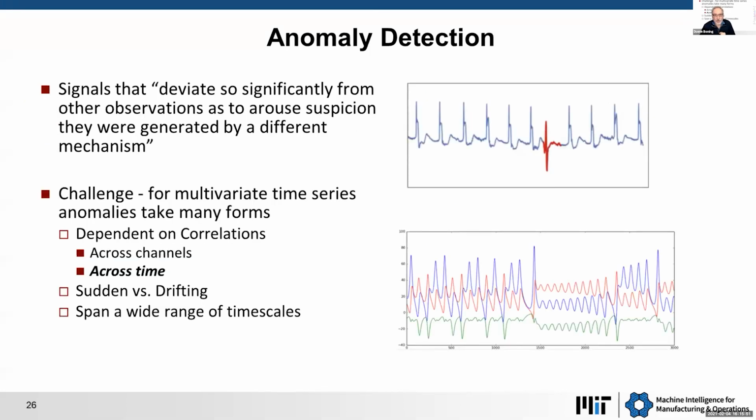So in this scenario, again, we're looking at anomaly detection, but now we're looking at sequences or windows of the data. So we're looking again across channels, but also across time. Does it have a signature across time that looks familiar or follows some dynamic behavior that a model can capture?